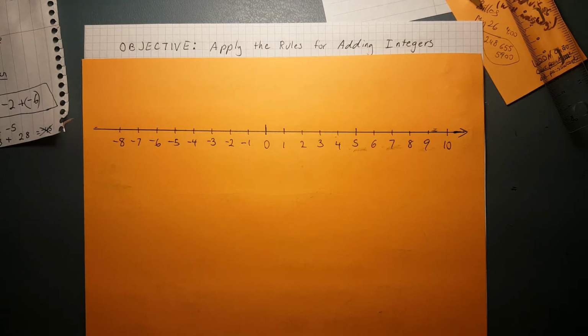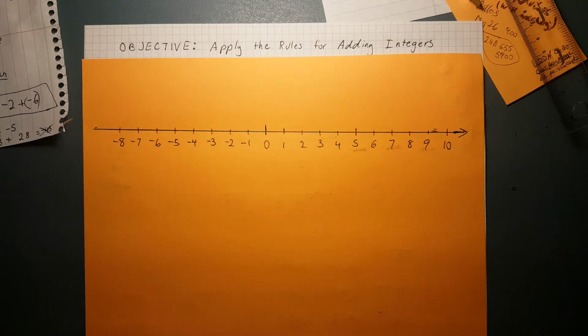I don't want to use 1,000 counters or draw a number line that goes to 800. You're right, there is another way to do it where you don't have to use counters or number lines, but hopefully the last couple days have given you some understanding of what adding integers really means. So today we can go over the rules.